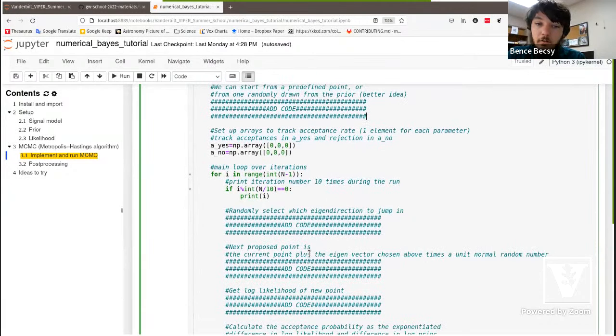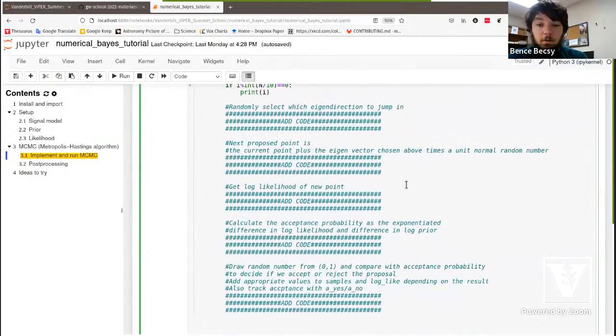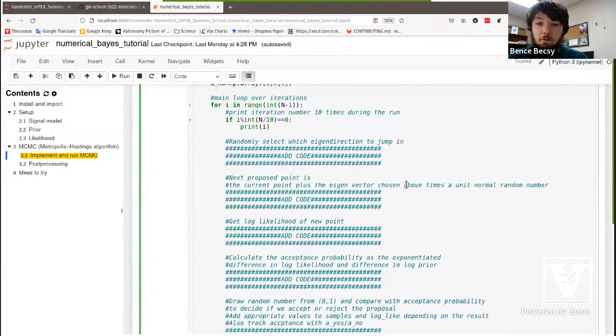And then we have here the main loop of the MCMC after everything is set up. So this will just loop over n number of iterations, and this just prints out the number of iterations 10 times over the whole thing, so that we know that it's running. And then there's a bunch of stuff here that you will need to code in, but most of this should be really simple.